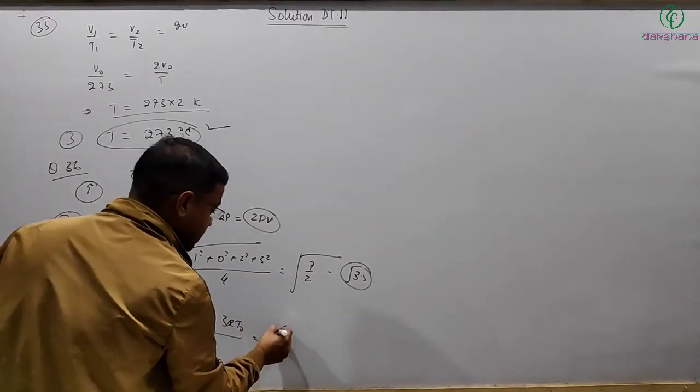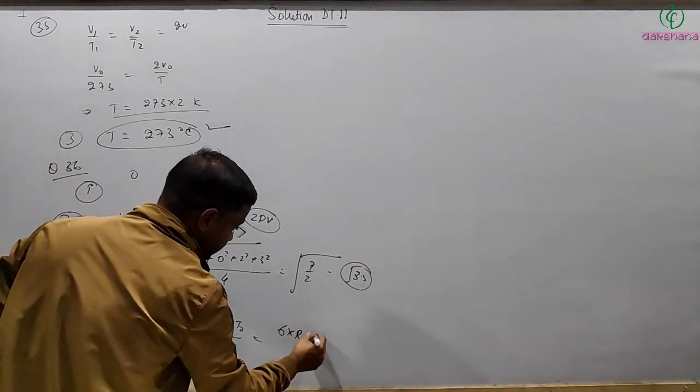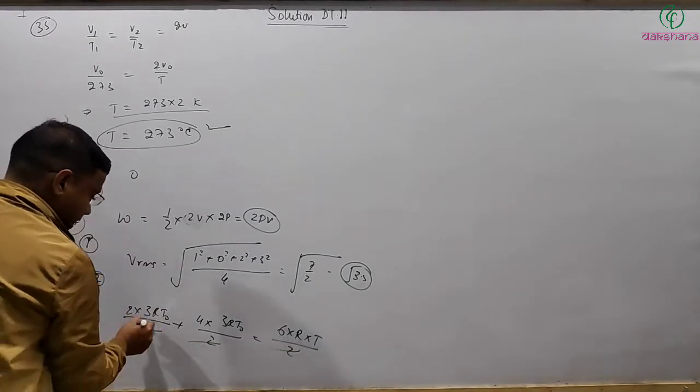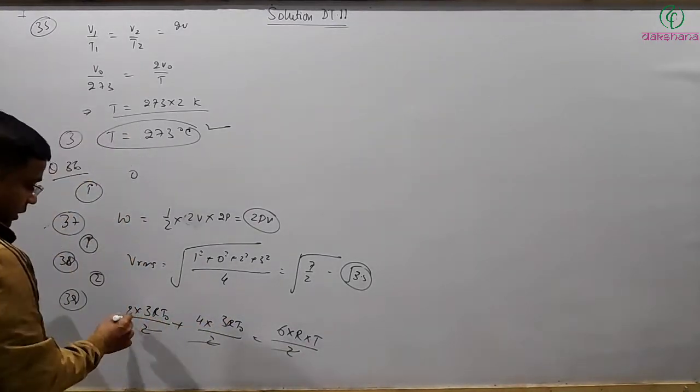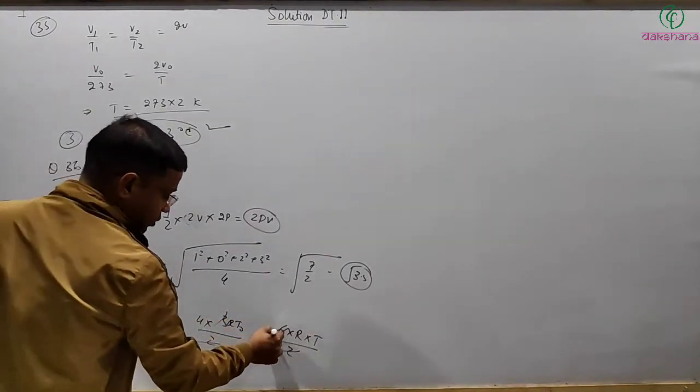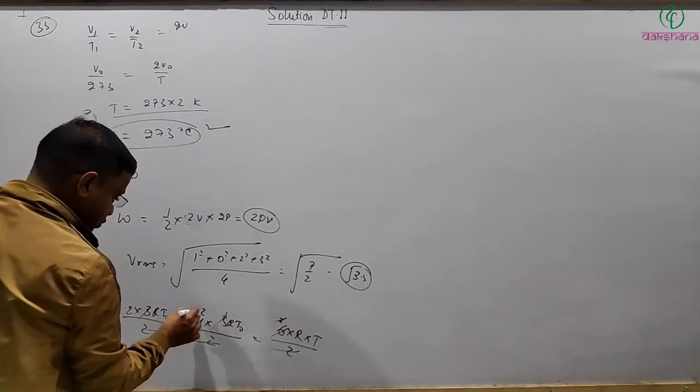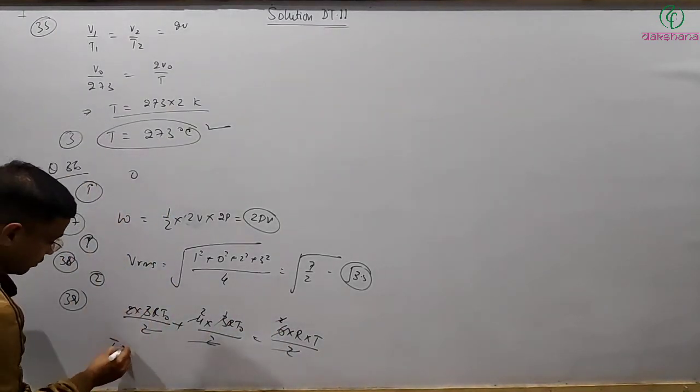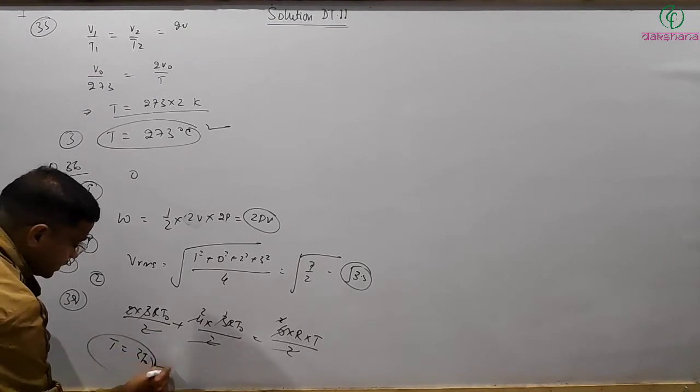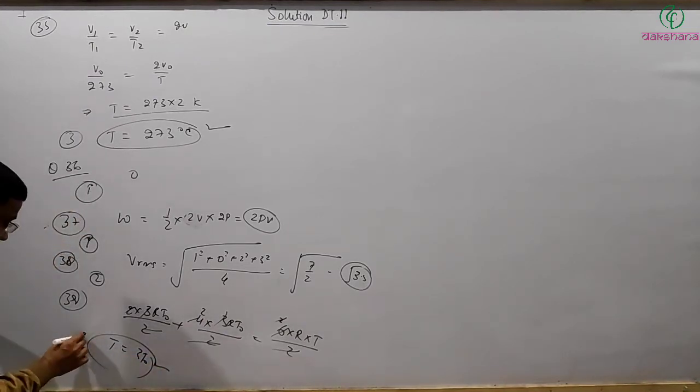Total number of moles is 6, into R, final temperature T, over 2. The 2 cancels, and simplifying, it comes out to be T equal to 3T0, which will be the answer, matching with option number 3.